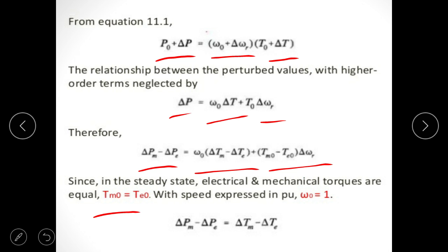Then the speed of the machine is controlled, due to which the active power output of the generator is also controlled. With the speed expressed in per unit, omega 0 is equal to 1, then delta Pm minus delta Pe is equal to delta Tm minus delta Te. It means the difference of mechanical to electrical power is equal to the difference of mechanical torque to electrical torque.